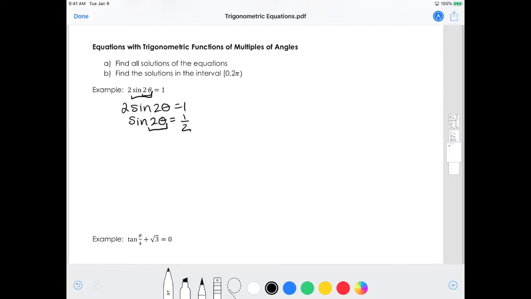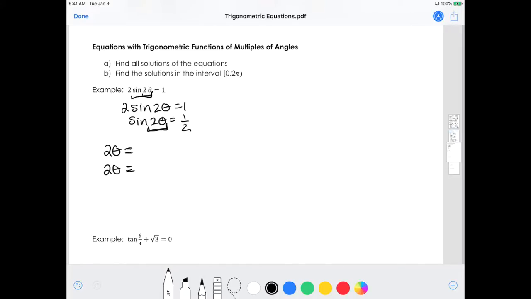So now we're looking to see where double the angle, 2 theta, is going to give me 1/2. So first, let's figure out what angles, since it's labeled as 2 theta, I'm going to label it down here as 2 theta. What angles would give me 1/2 as the y coordinate of my terminal point?